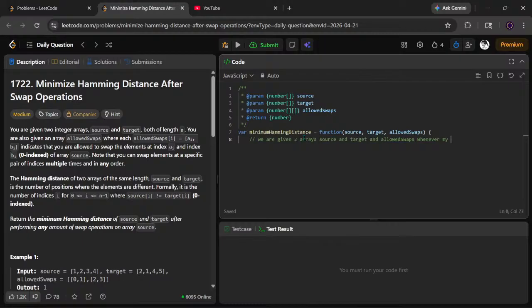Formally, it is the number of indices. The total number of things that are different.